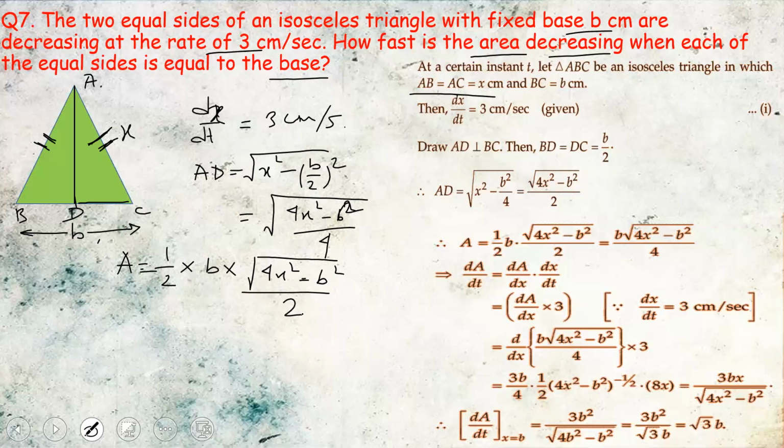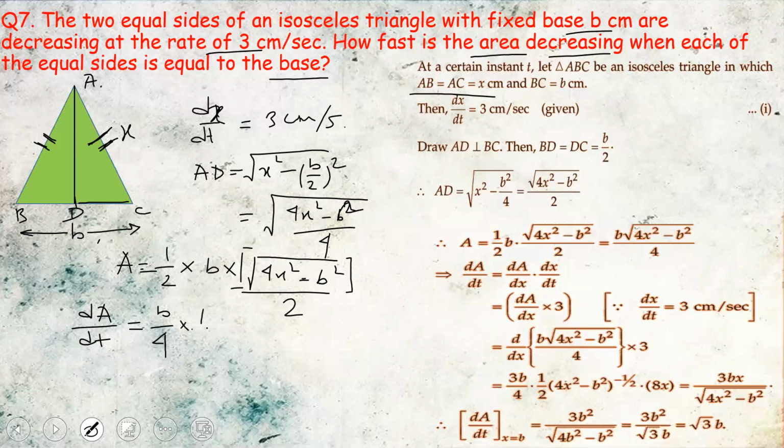Now differentiate this with respect to t. So dA/dt: ultimately, apply the chain rule, you will find this is B by 4 and the derivative of this root over 4x square minus B square.